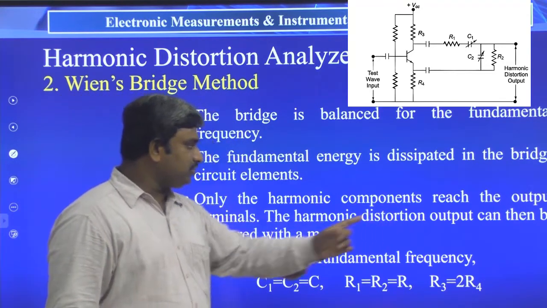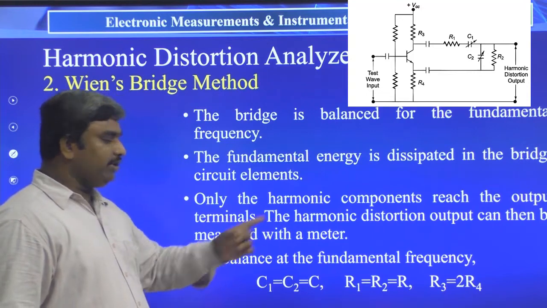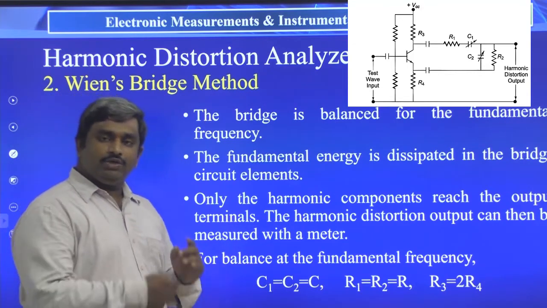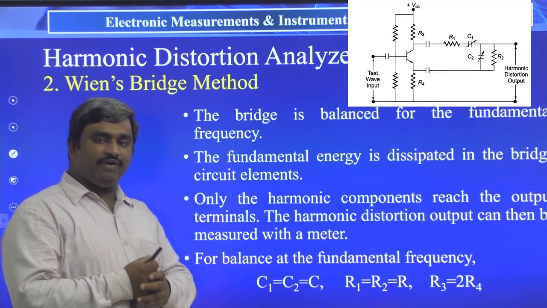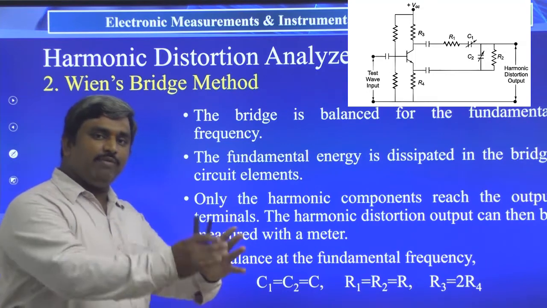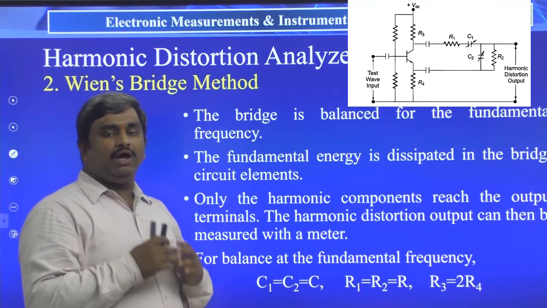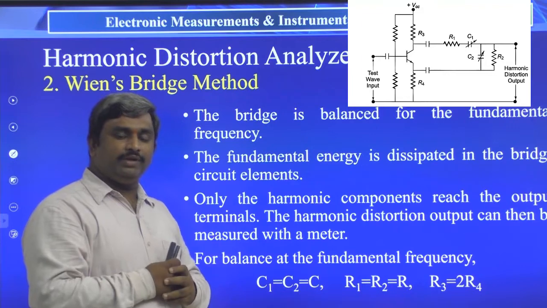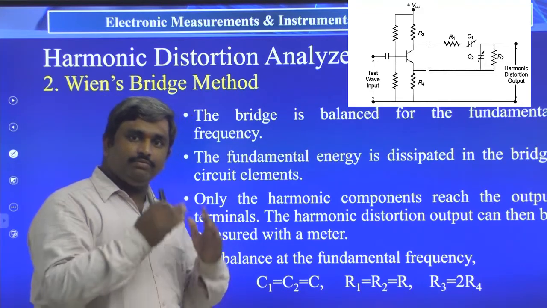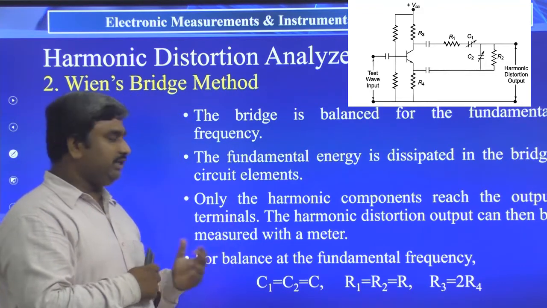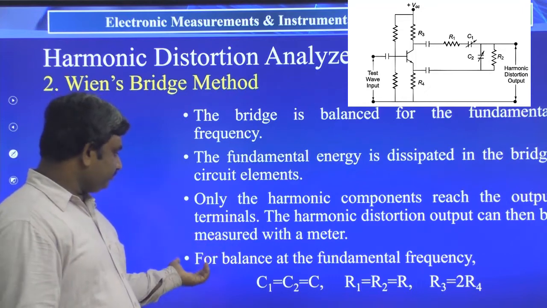The harmonic distortion output can be measured with the help of a meter. Whatever harmonic power is available is available only at the output terminals, and we measure that output using a distortion meter.